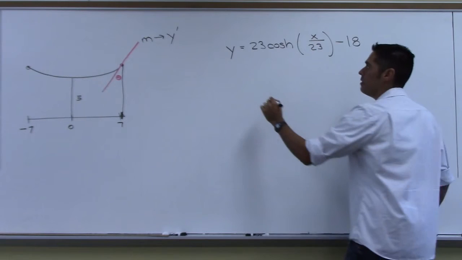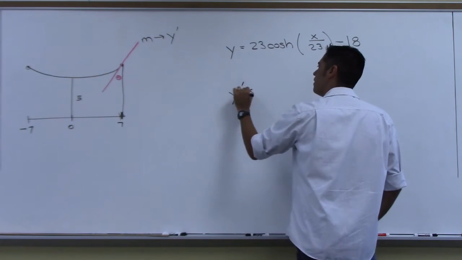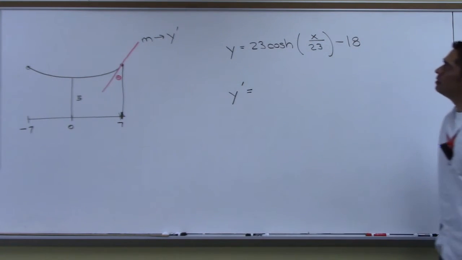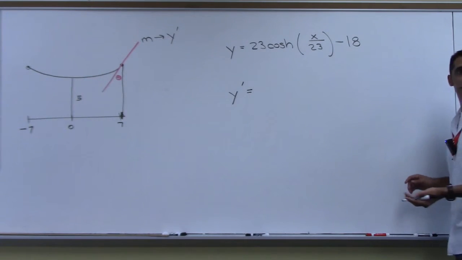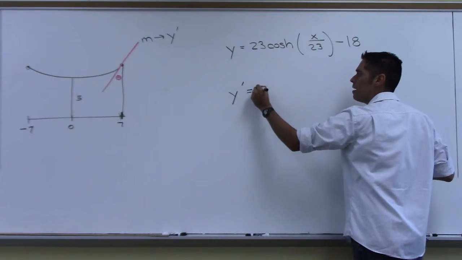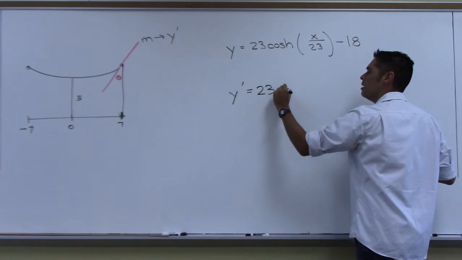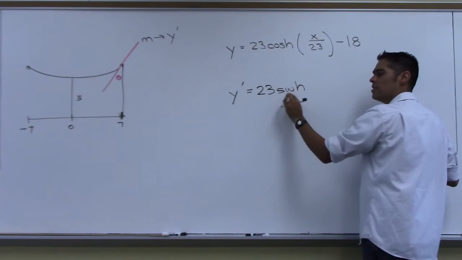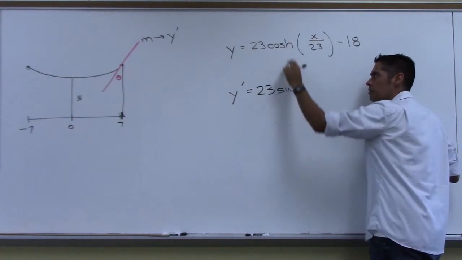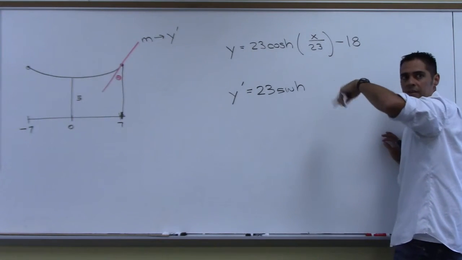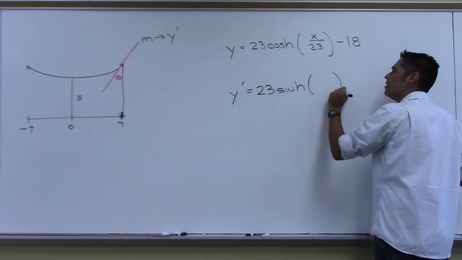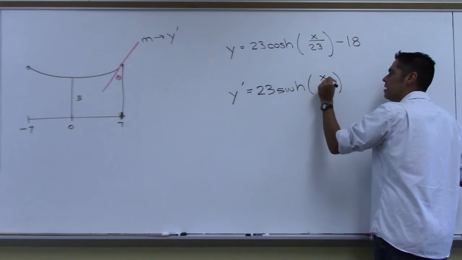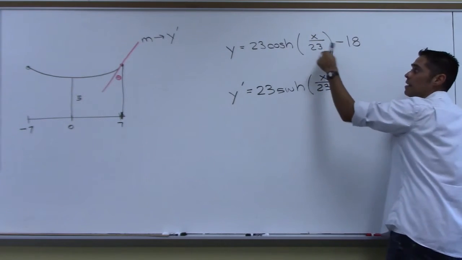So let's take the derivative here. The derivative of a hyperbolic cosine function is the hyperbolic sine function, right? The 23 just comes along for the ride because it's a constant out front. Is it negative hyperbolic sine? No, for hyperbolics, the derivatives don't change signs. Then we have the derivative of what's in here.